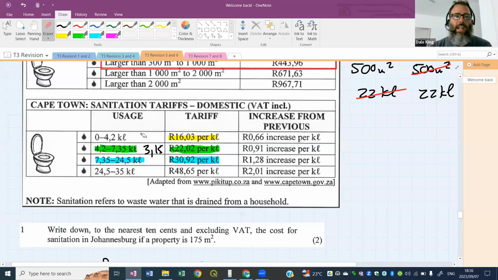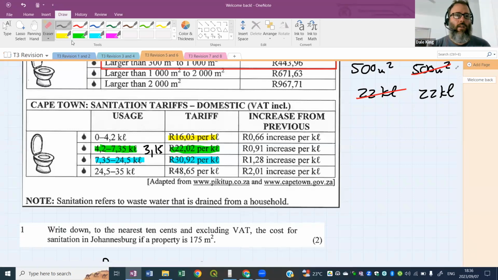After that, any other kiloliters you have, you charge at a new rate. Oh, okay. So what we're doing is we're taking out 22 kiloliters. Yes, sir. The bottom 4.2, you charge at 16 Rand 3. The next 3.15 kiloliters, you must charge at 22.02.